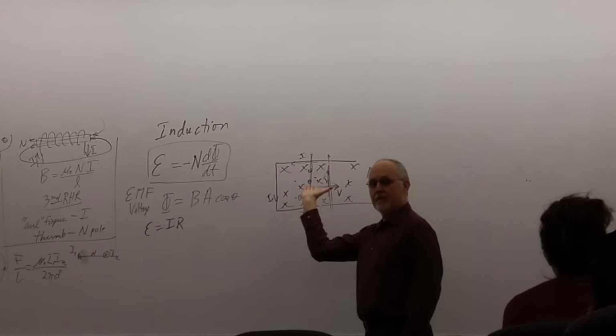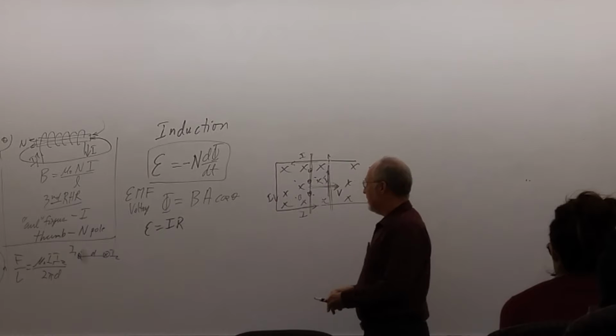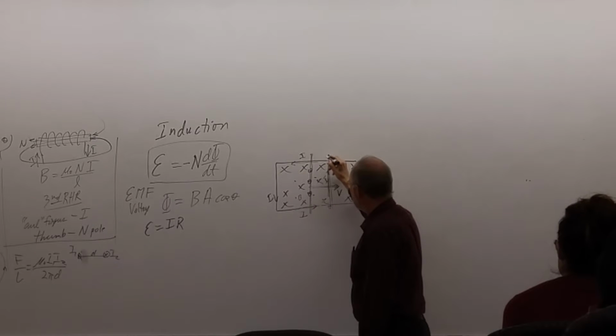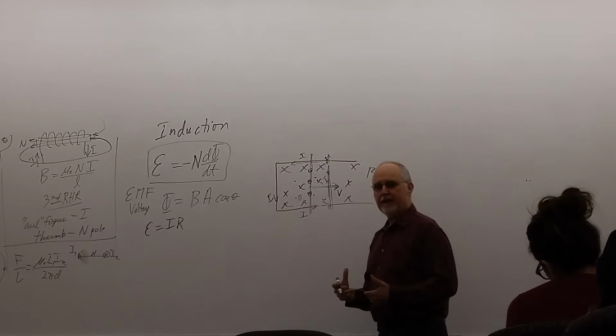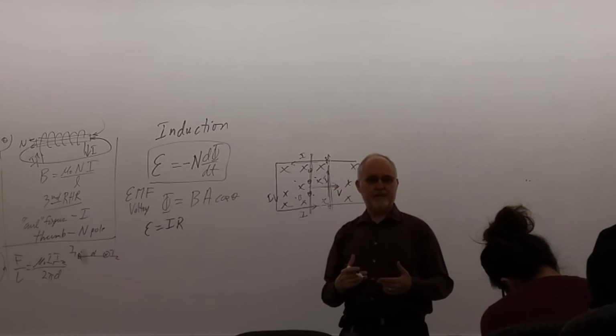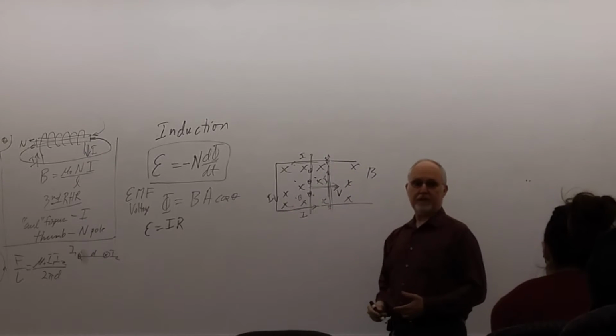Force on the electron would be downward, right? That's a negative charge, which says this end of the wire would become more negatively charged, this end would be more positively charged. You separated the charges, positive and negative, which means you've got a potential difference across there.